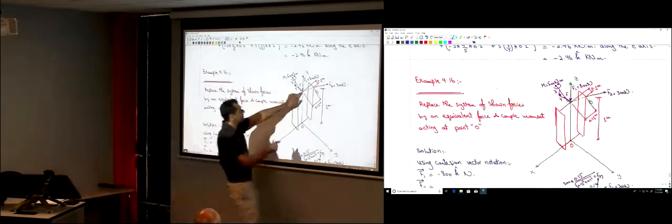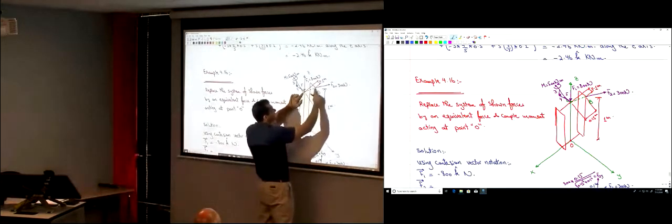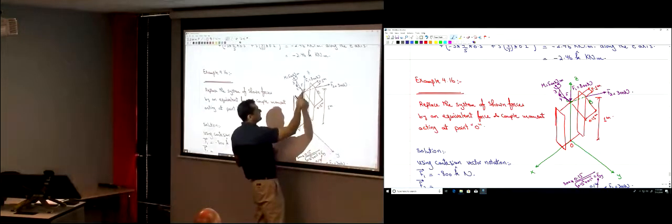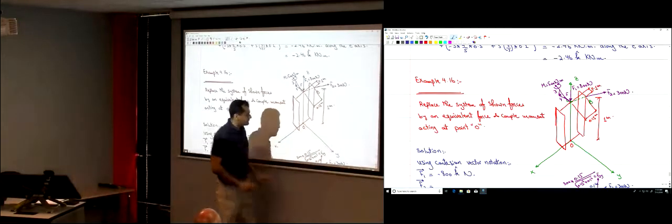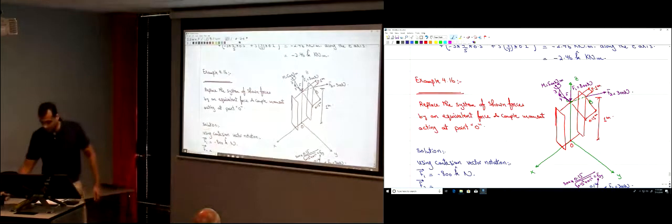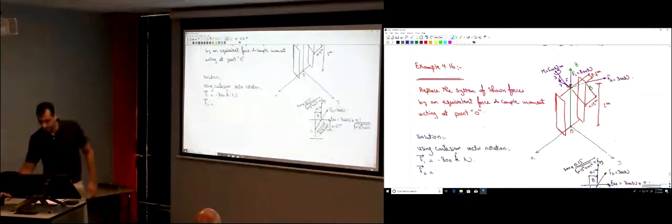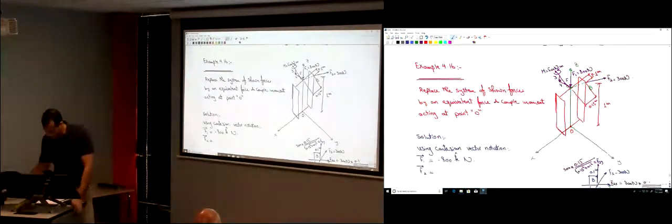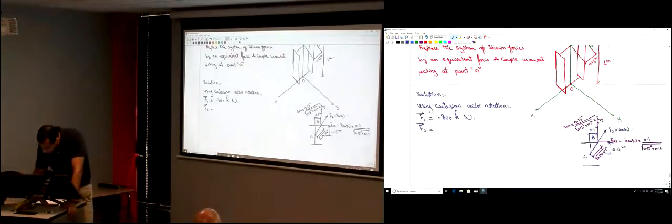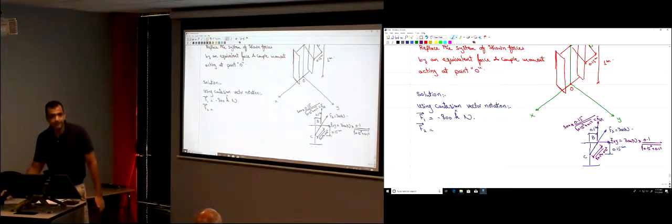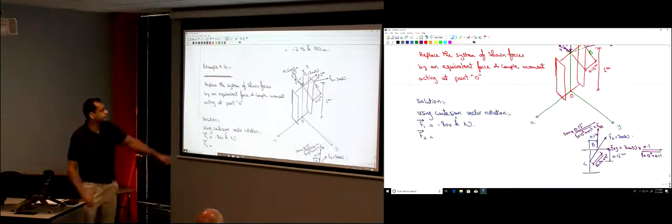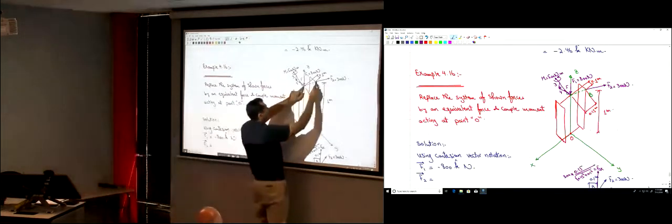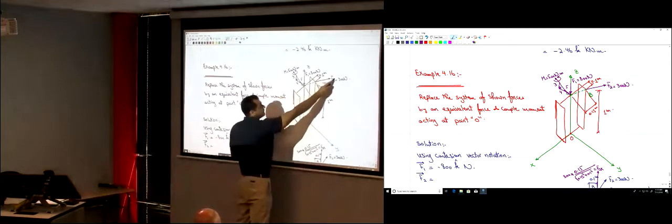This is C and this is B, okay? This distance is along the y-axis, okay? So this is F2, to be more clear, this is F2y, and this is F2x. Okay? To be oriented with this CD, okay? As you see here.